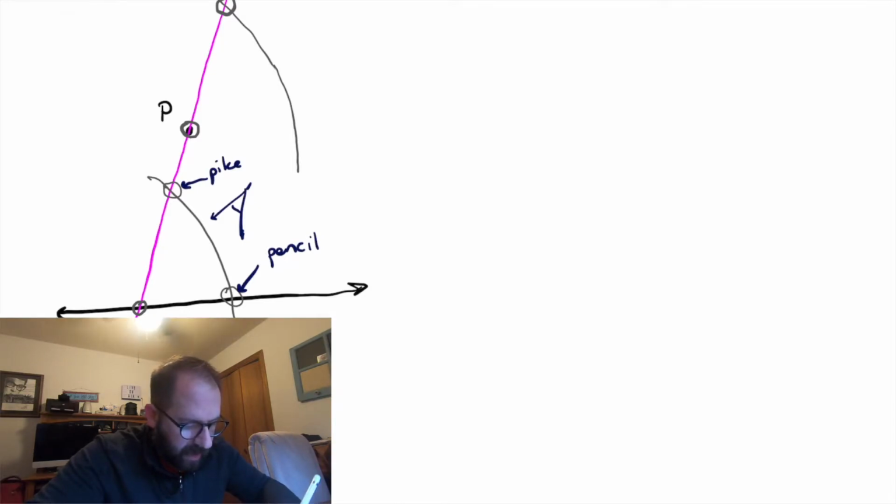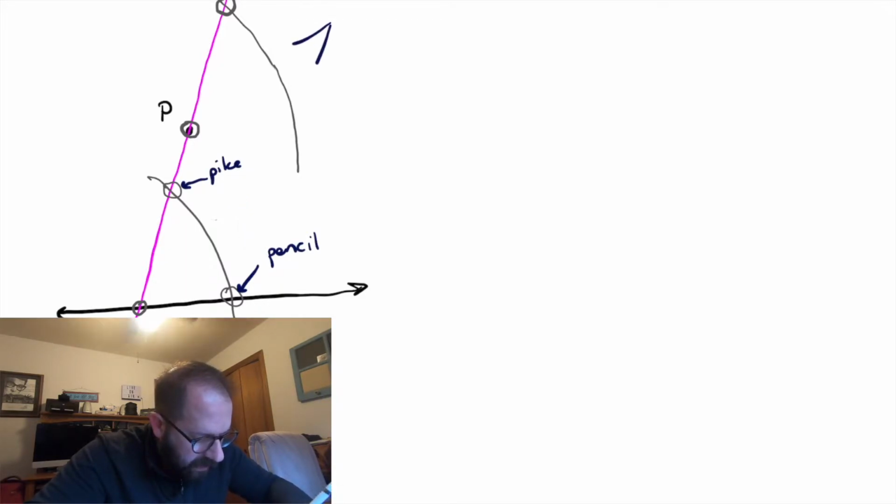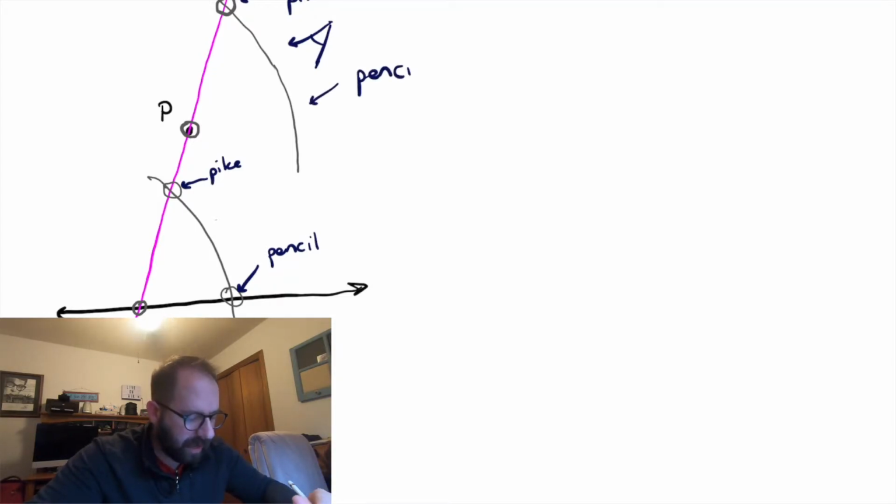Okay, good job. So now, we're going to pick up the compass and place it up here. Pike, pencil. The pike is going to go here, and the pencil will be free floating over here, so you're mimicking what you did down below. And you're going to draw the little marker.